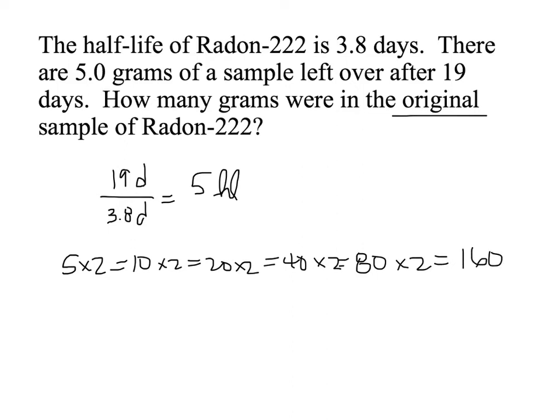Let's see here. We doubled it 1, 2, 3, 4, 5, so we did it the correct amount of times. Should be 160 grams. We should have 2 sig figs because we have 2 in all those numbers. So 160 grams was the original sample of radon.